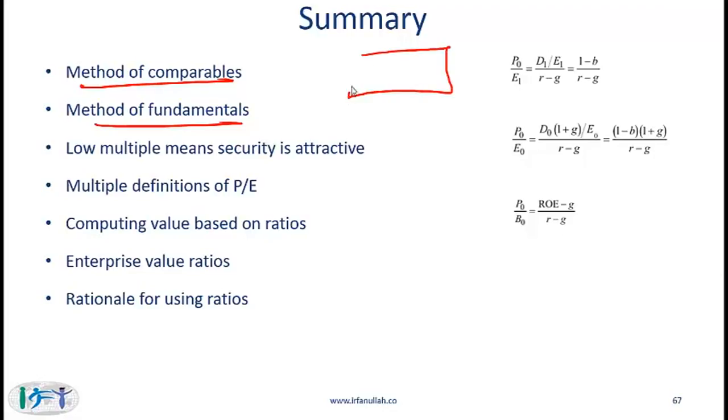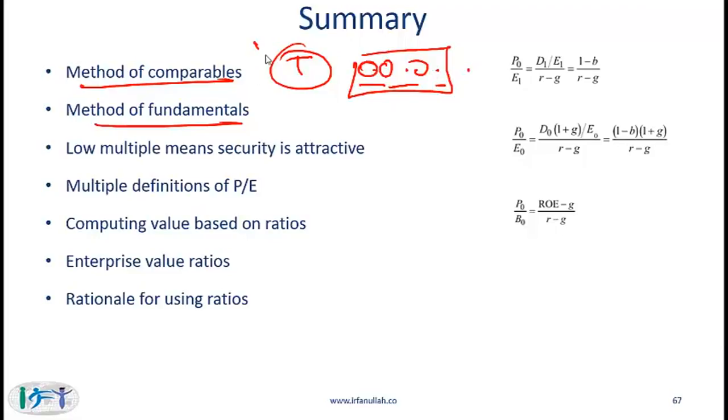So let's say we are talking about the auto industry and you are evaluating a new company in the auto industry. You figure out the benchmark PE, which would be the average PE of other companies in the industry.